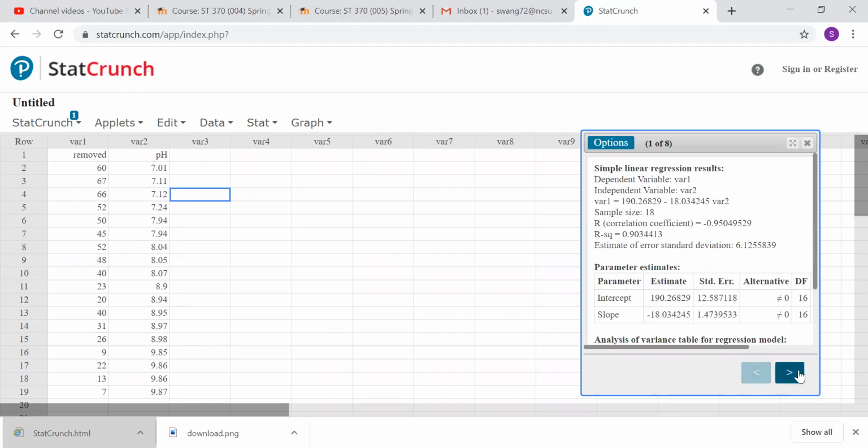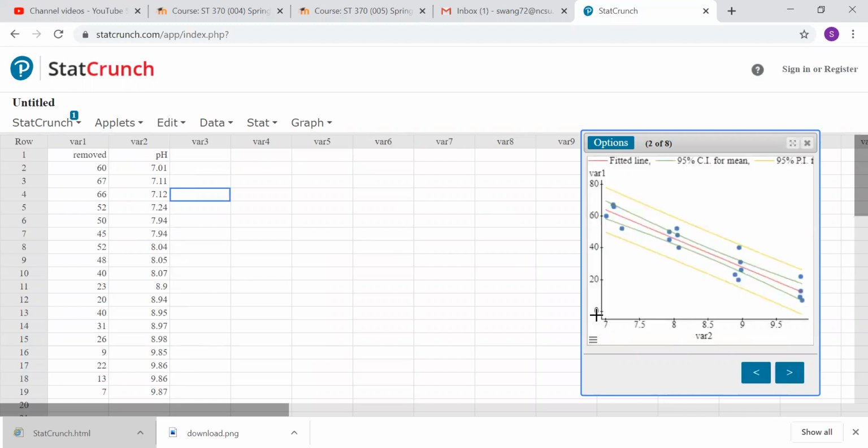If you take a look at the scatter plot, pH equal to 0 is outside the range of X that you collected from the sample.